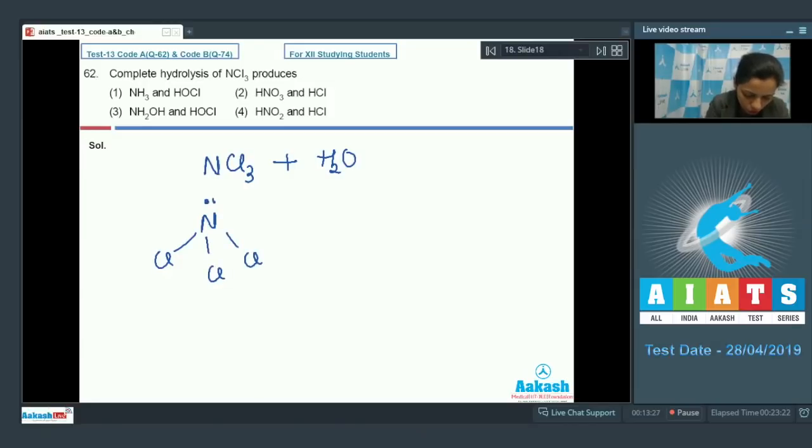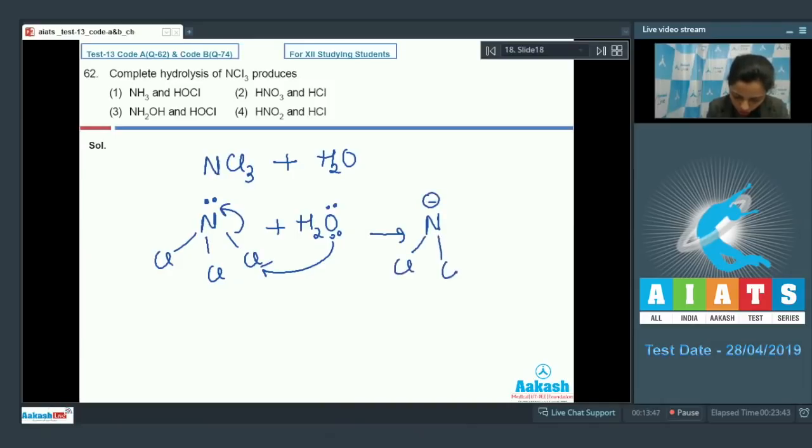Chlorine has empty d orbital, so when H2O comes in contact with it and attacks, it gives its electron to chlorine in its d orbital, then it's a shifting of electron and it gets changed into this type of species plus HOCl, in this way. This type of species formed here.